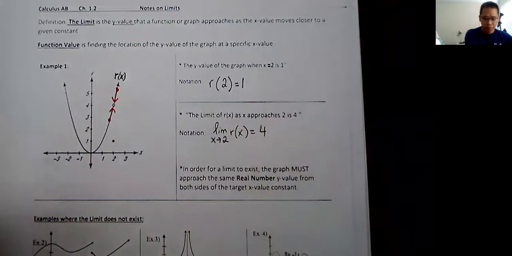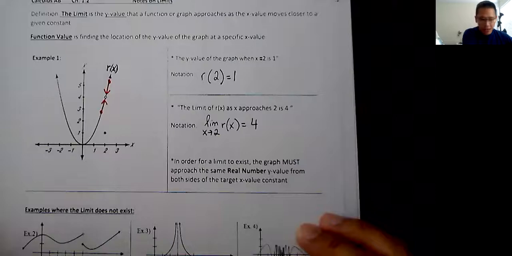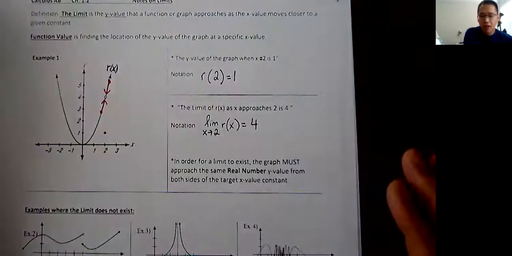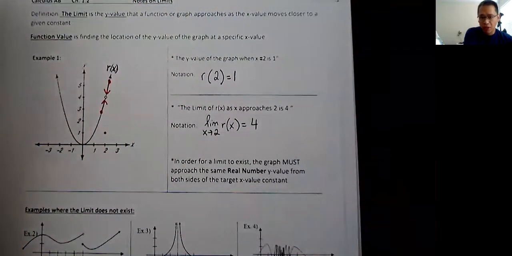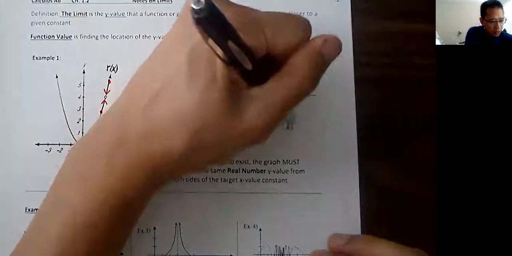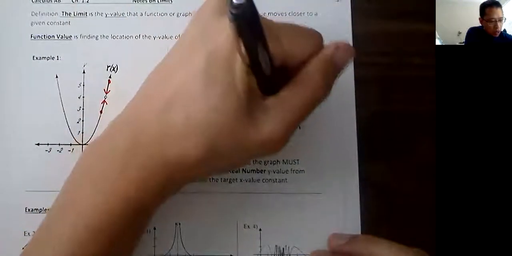Okay. Something I want to remind us of is the way that we represent limit, in terms of how we say the limit as x approaches 2 is equal to 4. A lot of times we leave out the function, and because of that, it may lead to wrong notation.